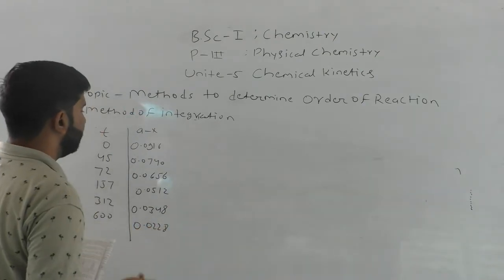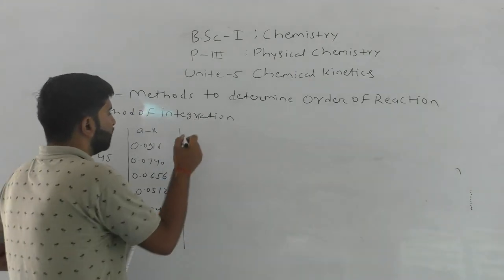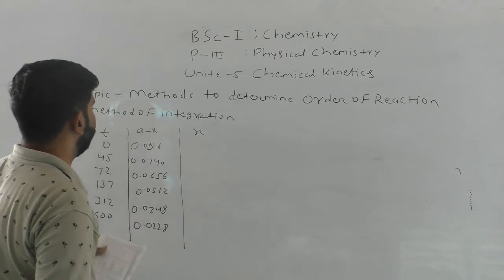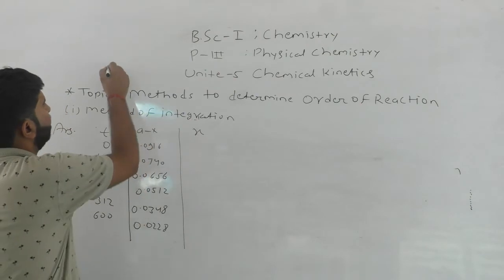These are the remaining concentrations. The compound form is written as A minus X. These are the remaining concentration.